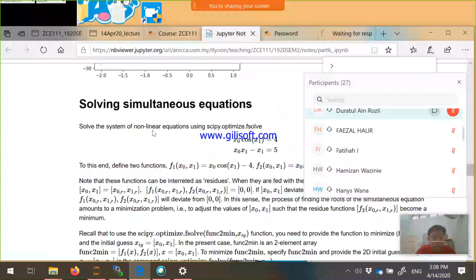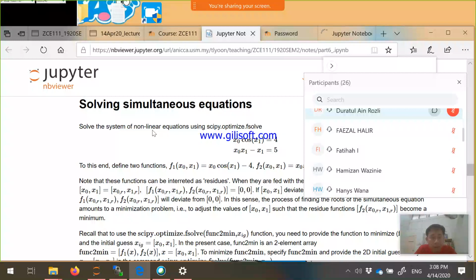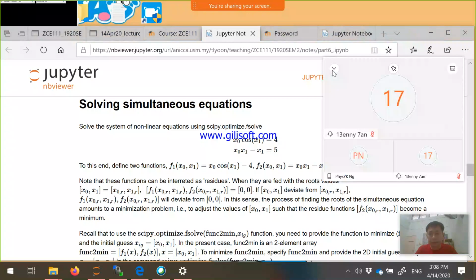We are going to discuss the solving of simultaneous equations, slightly corrected based on the previous lecture notes. The previous lecture notes that I put up two weeks ago had some problems with the explanation, so we are going to talk about this in more detail today.